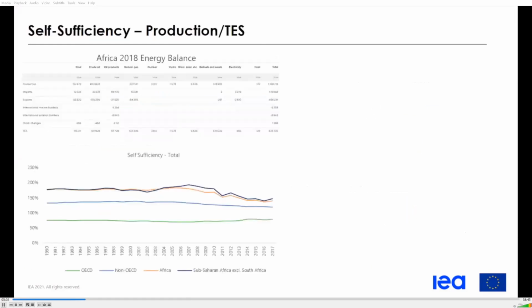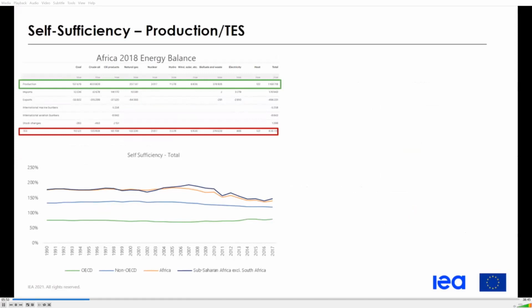Another indicator is self-sufficiency. The energy self-sufficiency rate is the ratio between national primary energy output and consumption of primary energy in a given year. This rate may be calculated for each energy type or overall for all types of energy.